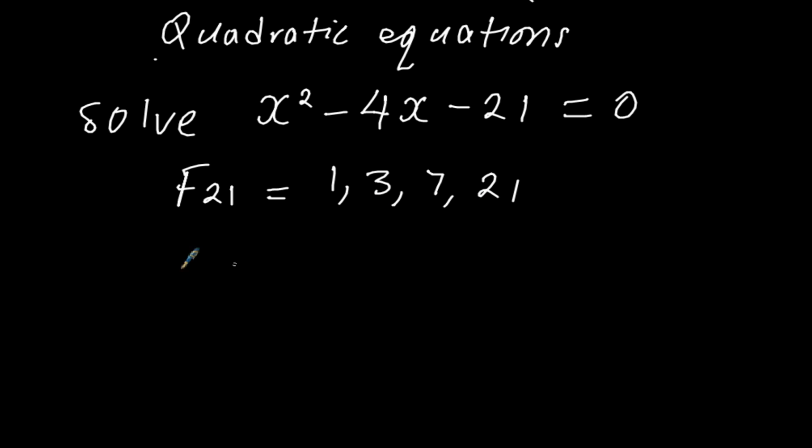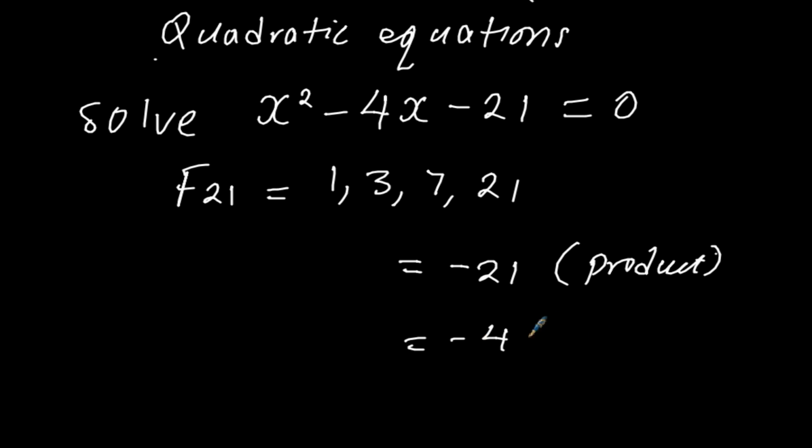Now from these factors, we aim at getting a product of negative 21 and a sum of negative 4.